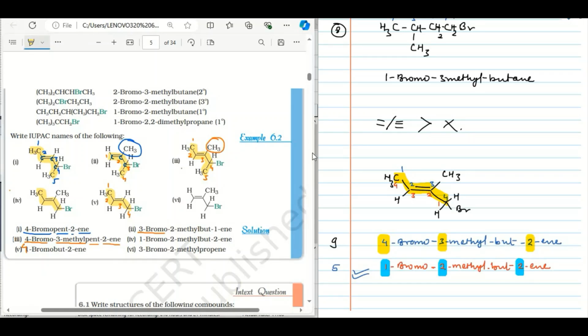Now select the longest carbon chain. Here the chain which includes the double bond as well as bromine is 1, 2, 3. It is a 3 carbon long chain that includes your double bond as well as bromine. There is a methyl substituent. Now number the chain so that the double bond gets the lowest possible number. So 1, 2 and 3.